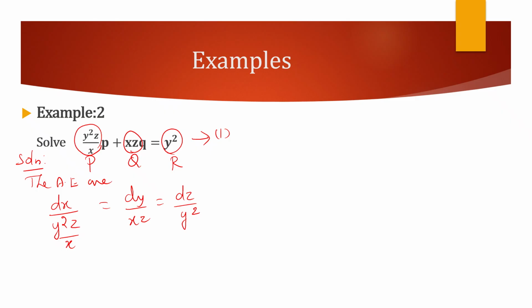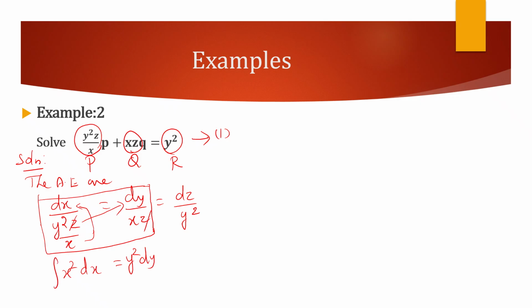Here also we can apply the grouping method, considering the first two ratios. Here I can cancel this z. I can take this x to the numerator, and here I have one more x, so I take this x to the left hand side. I get x square into dx as my left hand side, and taking this y square to the right hand side, I get y square into dy.